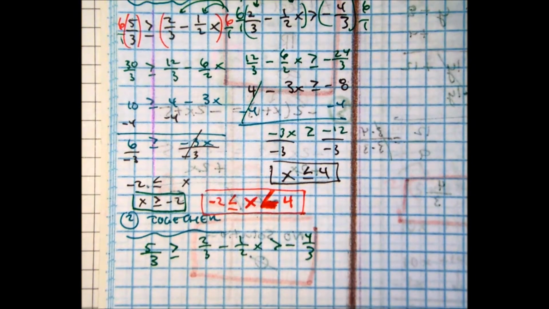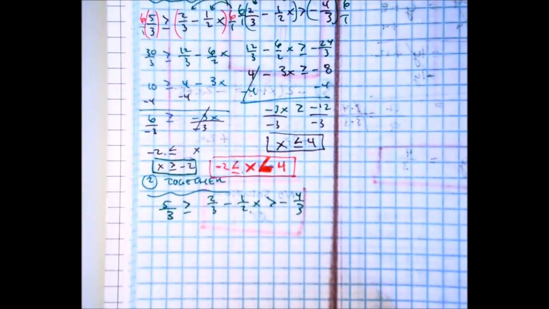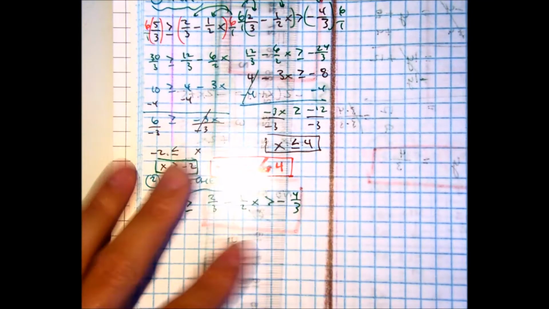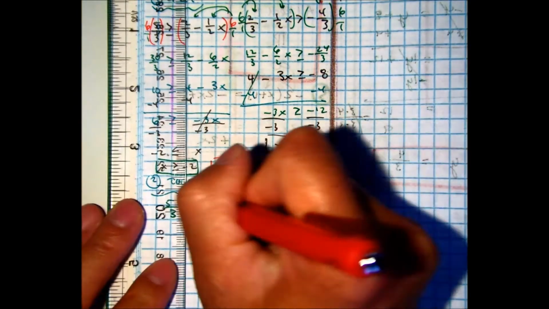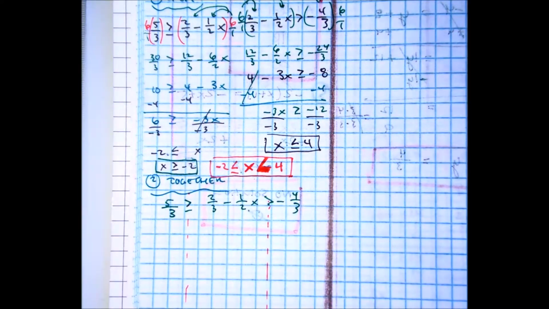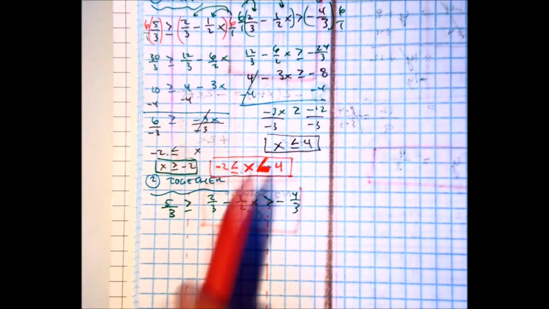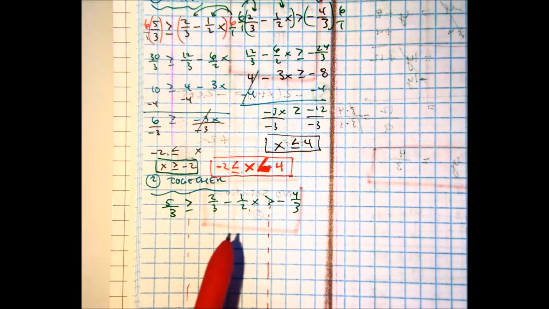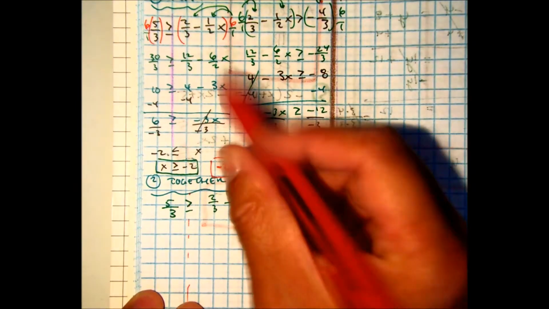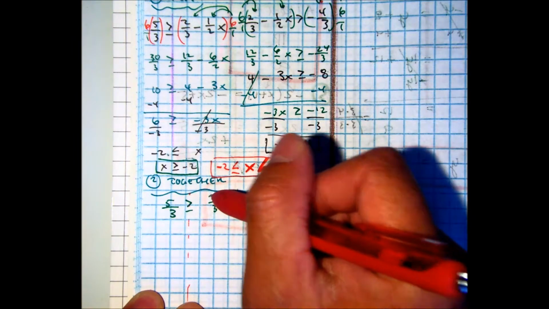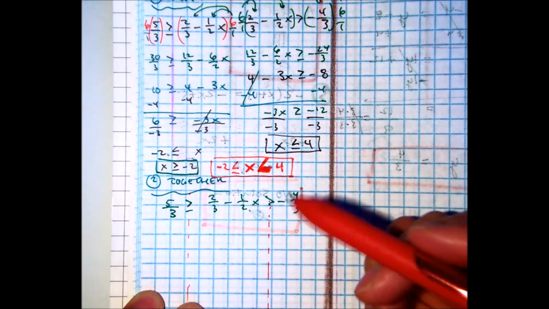Okay, what's the difference if I kept it together? And the reason why I did the splitting first is so you can understand the math that I'm doing here. Okay? If I want to eliminate the fraction, I want to multiply all three of them by what number?